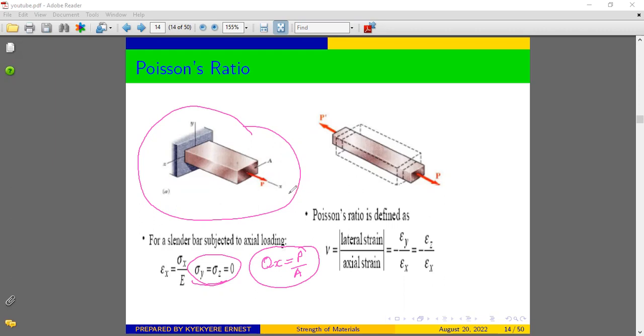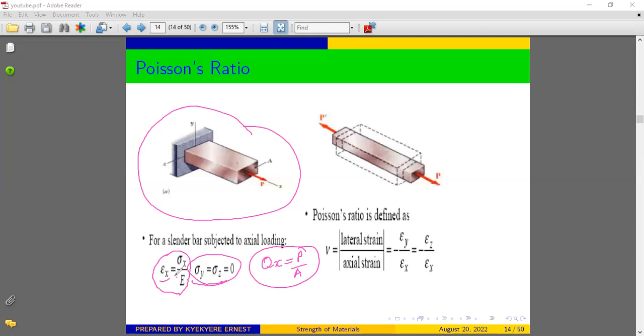And once we have deformation for our x-axis, then we can say that the strain on the x-axis, which is the deformation over the original length, or which is also the same as the stress in the x-axis over the modulus of elasticity, is going to be equal to this equation.